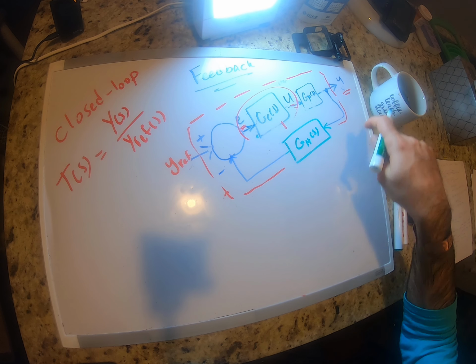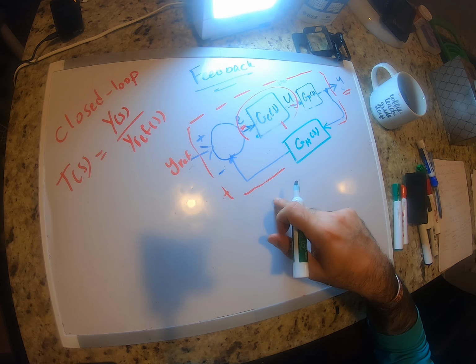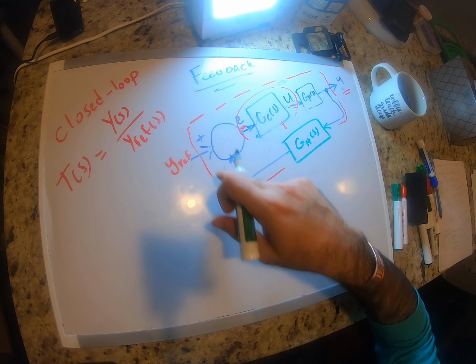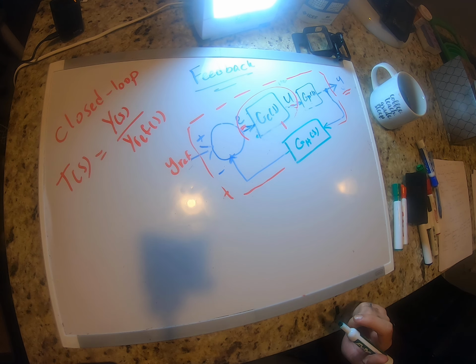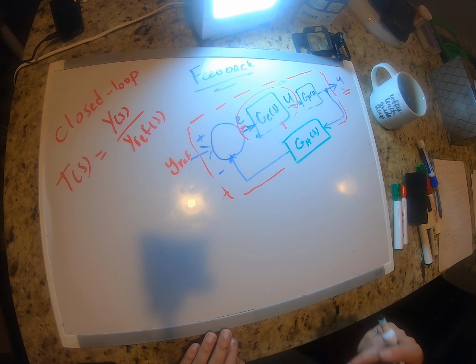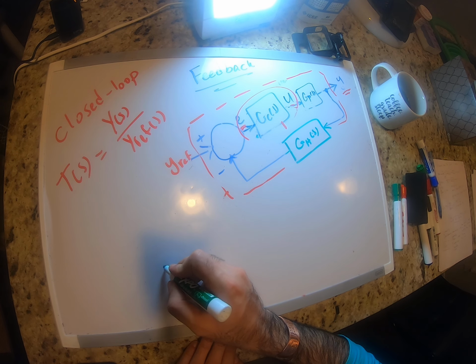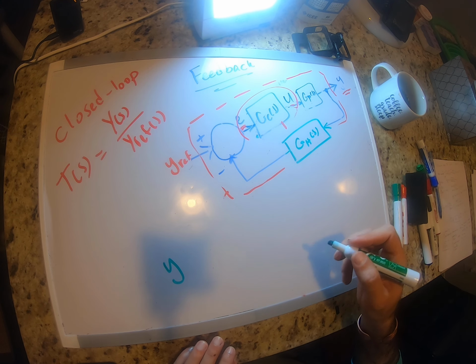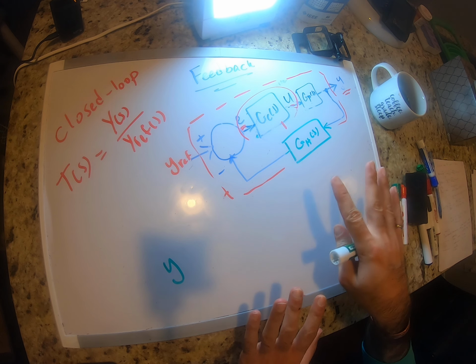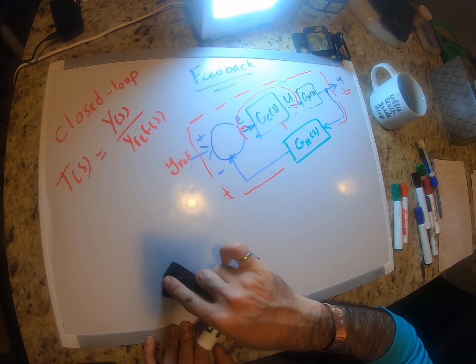and I'm going to derive the closed loop transfer function for this more general closed loop. So again, maybe you can pause this and do this yourself if you want.